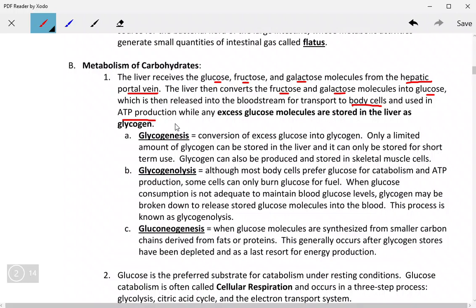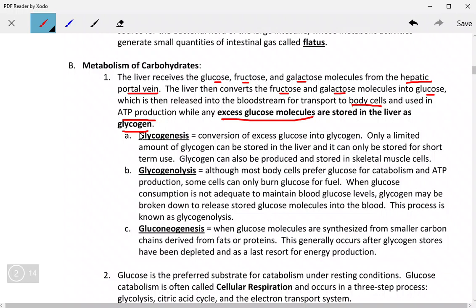Are you following? Now, whenever we have excess glucose molecules, how will the body store it? Well, excess glucose molecules are stored in two primary locations. Keep that in mind. They are stored in the form of glycogen. Glycogen, remember that. All right?